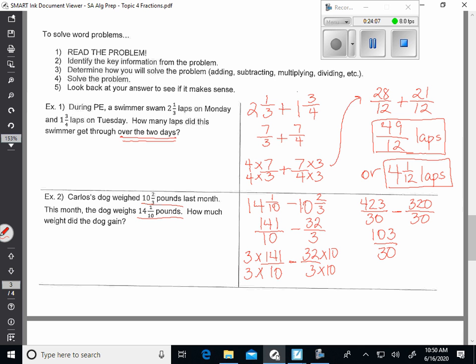So that's 103 over 30 pounds, because that cannot be reduced. Or if you change this to a mixed number, 3 goes into 103 3 times with a remainder of 13. So those are the 2 ways that you can give that final answer.